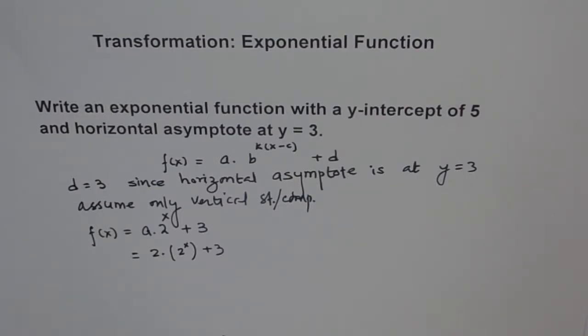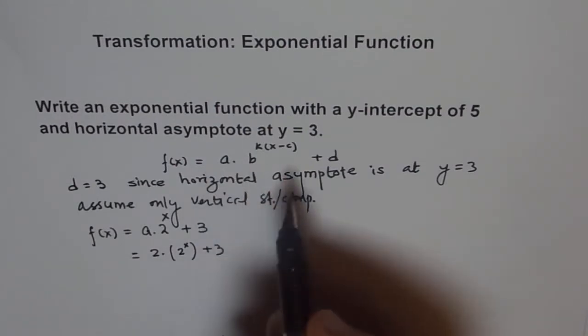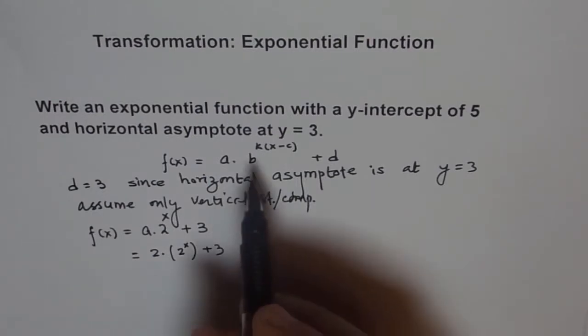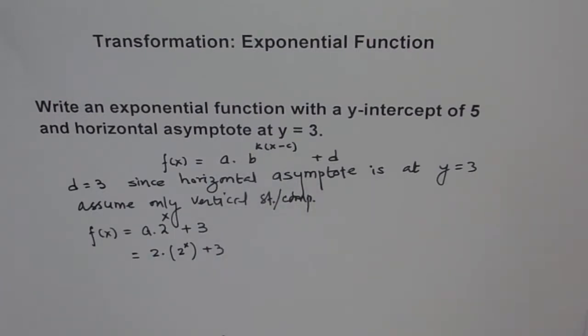The other thing we could do is assume that there is no vertical stretch, but there is horizontal translation or horizontal stretch or compression. So that is our first assumption.